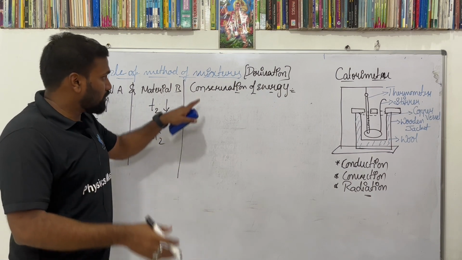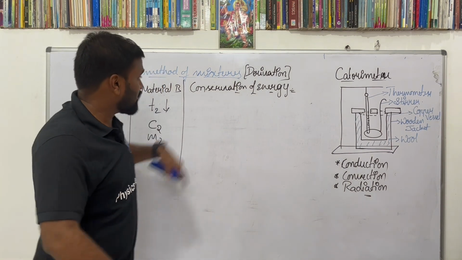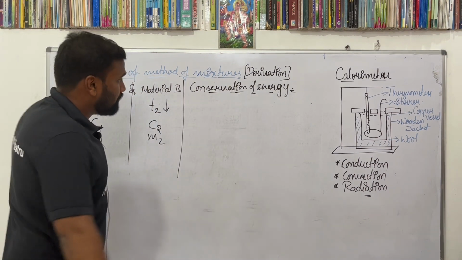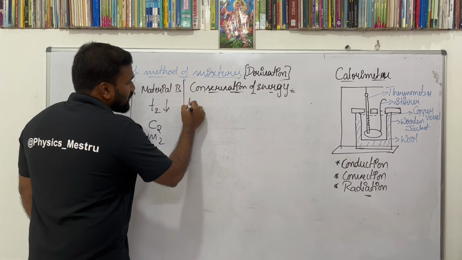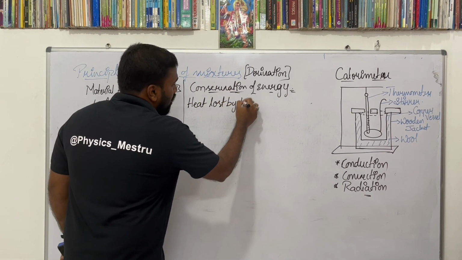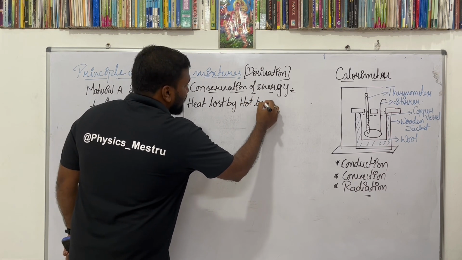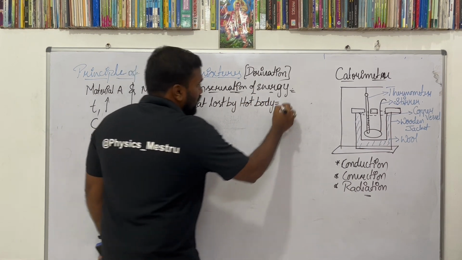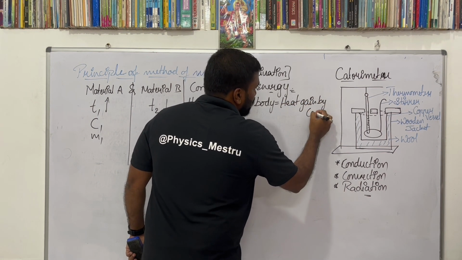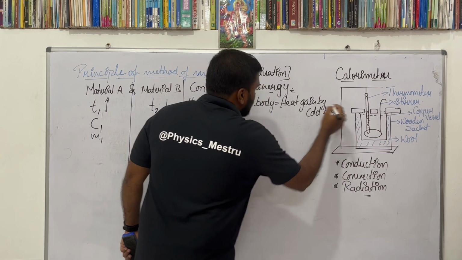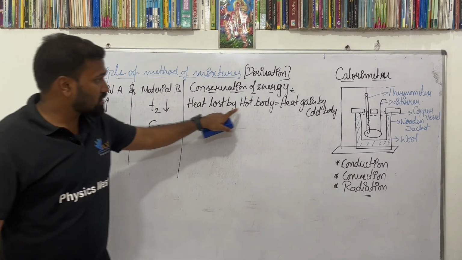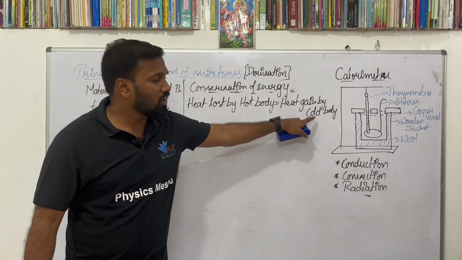So by utilizing the law of conservation of energy, we have the equation: heat lost by the hot body will be equal to heat gained by the cold body.